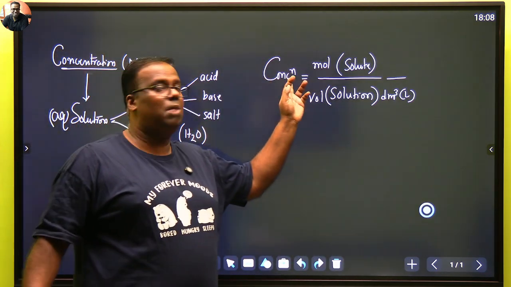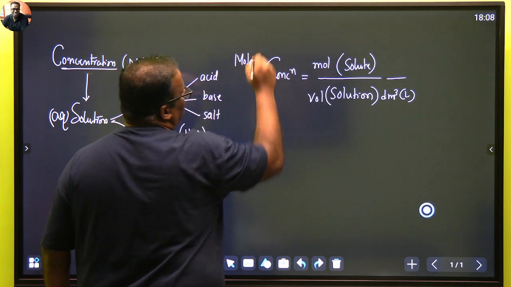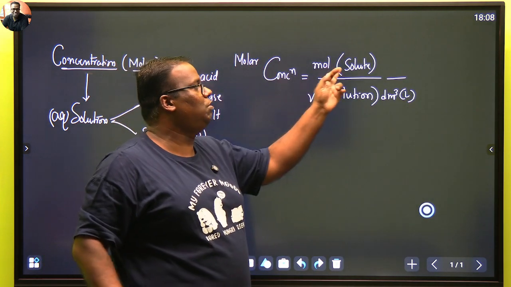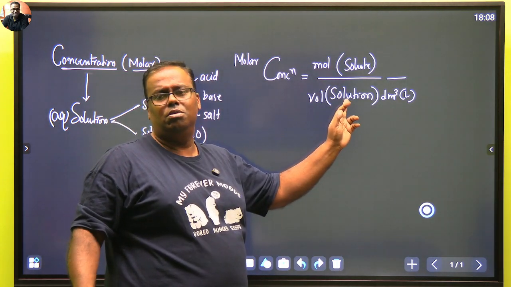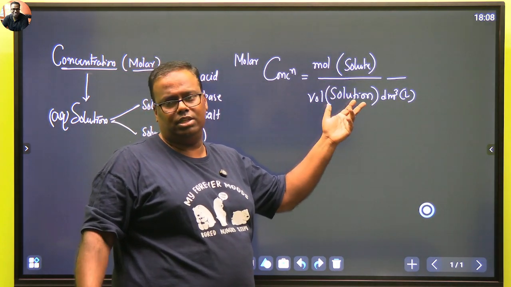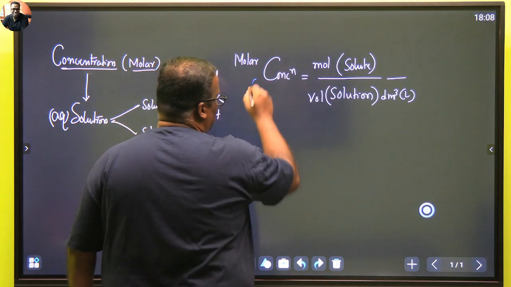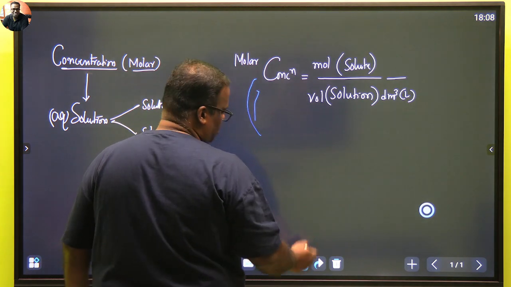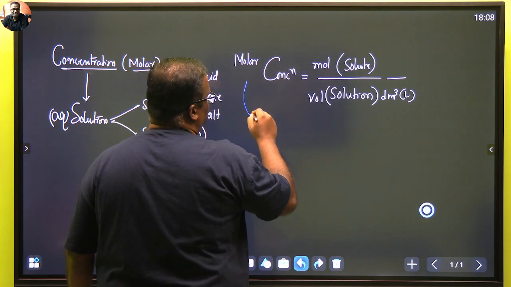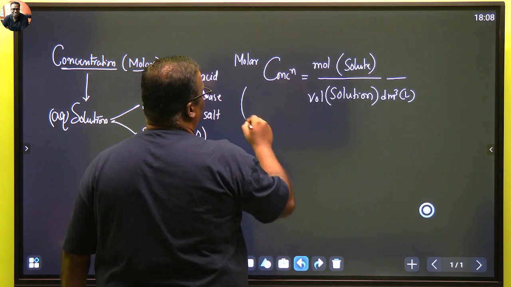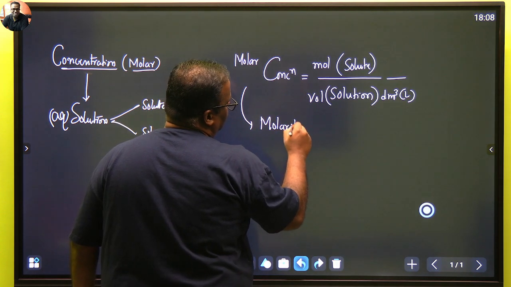If it was mass, this is known as what, beta? Mass concentration: it will be mass of solute over volume of solution, in grams per liter. Okay? So this is called molar concentration, and in chemistry this molar concentration is also known as molarity.